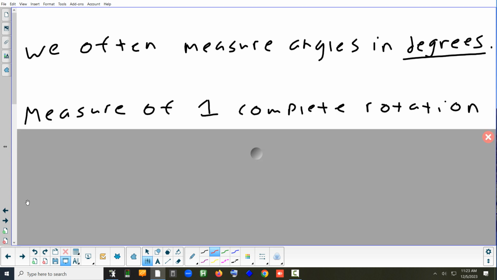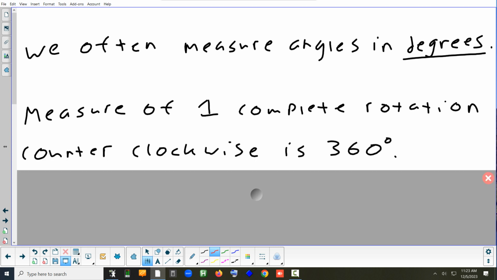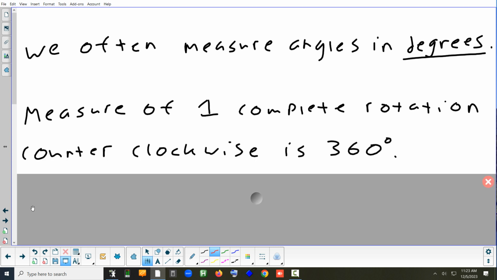Okay. Think of a circle, or an angle that went all the way around. How many degrees in one full rotation? 360.